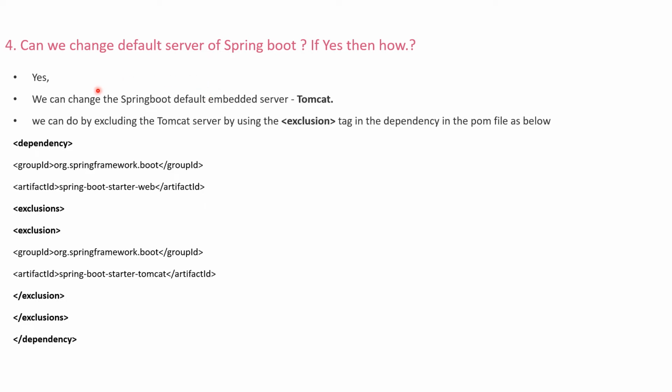Yes, we can obviously change the default embedded server Tomcat. We can do it by excluding the Tomcat server using the exclusion tag in the dependency in the POM file, as below. All the dependencies will be present in the POM file of the Spring Boot application.